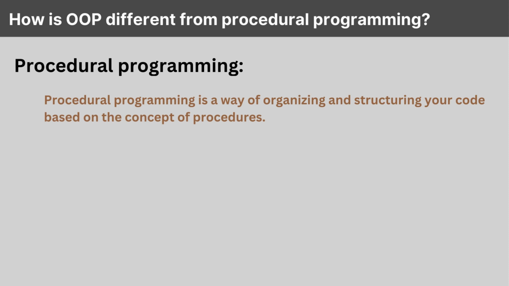Procedural programming is a way of organizing and structuring our code based on the concept of procedures. And procedures are sequences of instructions or commands that perform a specific task or function.